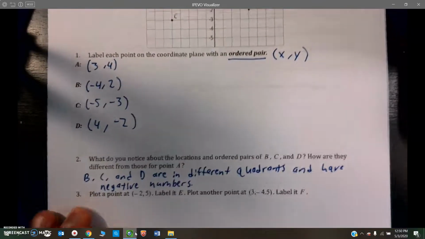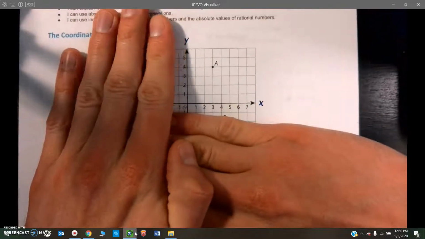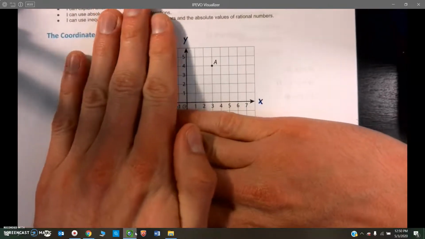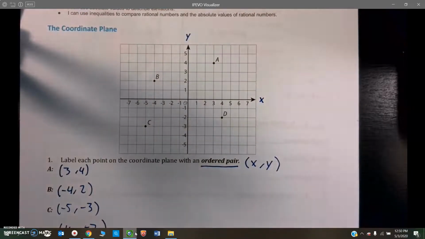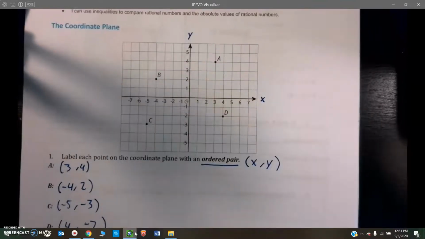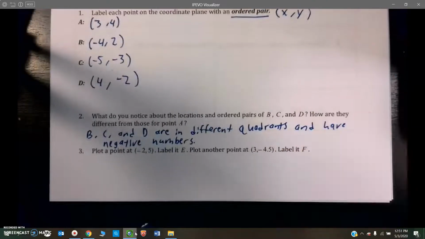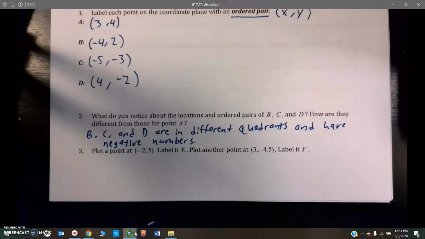Right, because you guys have worked with coordinate planes before, but previously you just worked with this one, the positive coordinate plane. But now we're going to be working on a coordinate plane that now has 4 quadrants, and they include negative values.